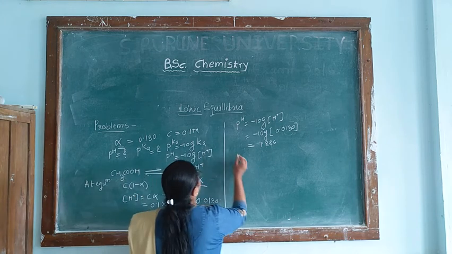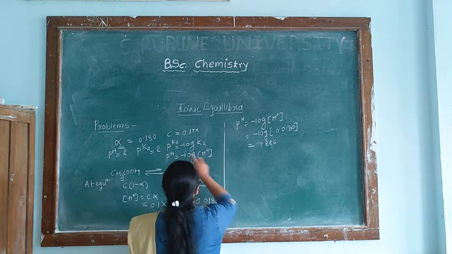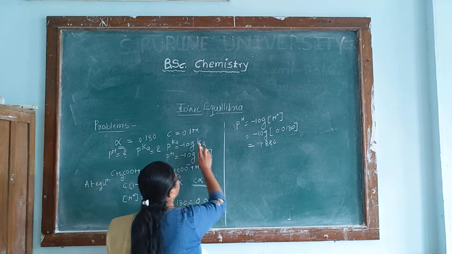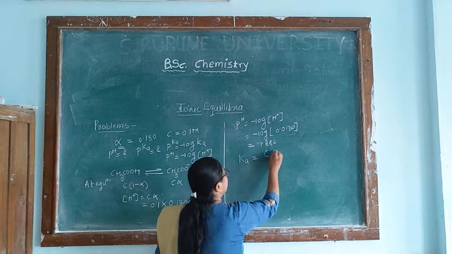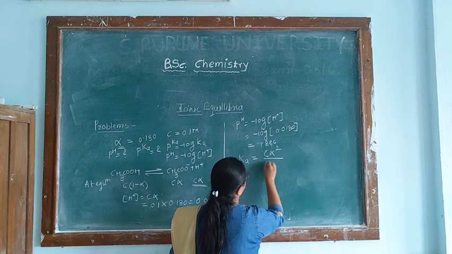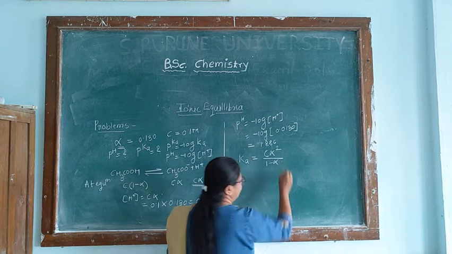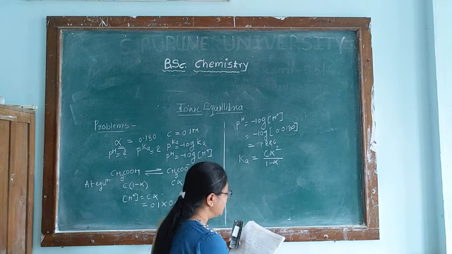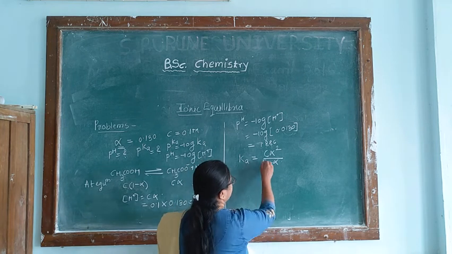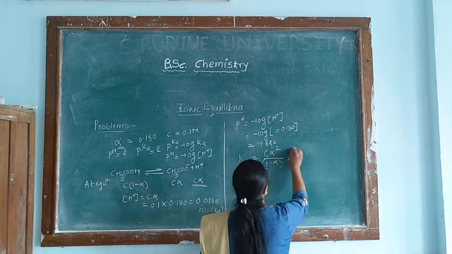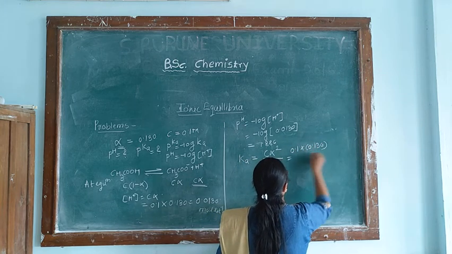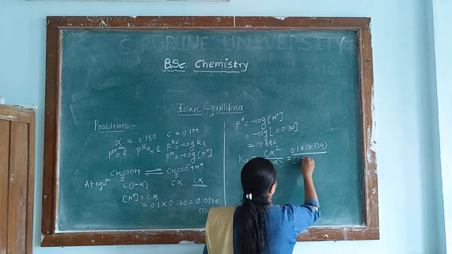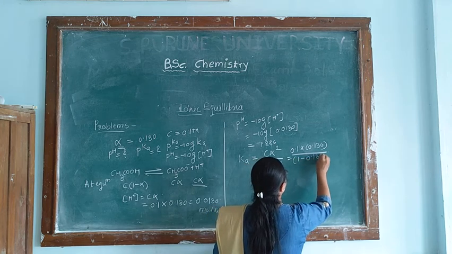Now we want to calculate pKa, but for pKa we must know Ka. Now what is the formula for Ka? It is C alpha square divided by 1 minus alpha. This is the formula to calculate Ka. So let's substitute the values: 0.1 into 0.130 squared divided by 1 minus 0.130.